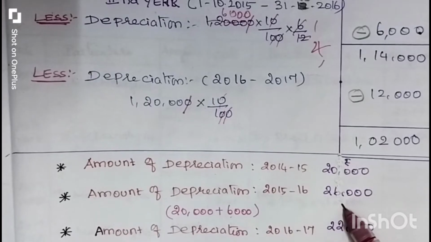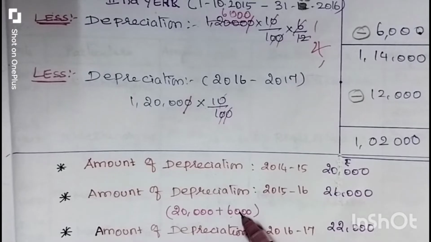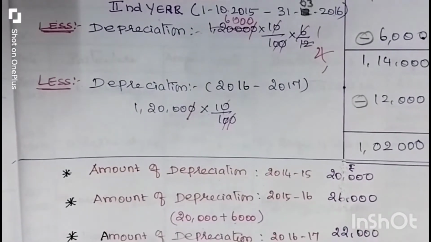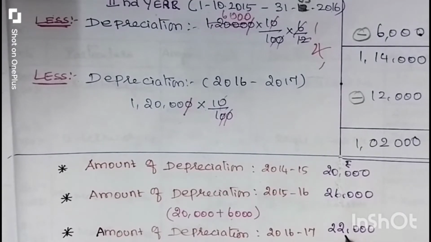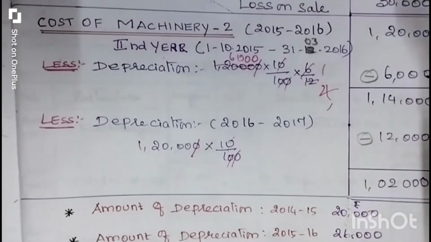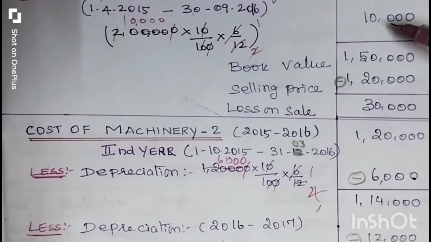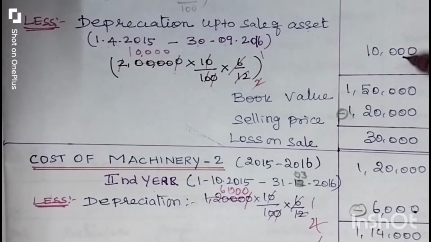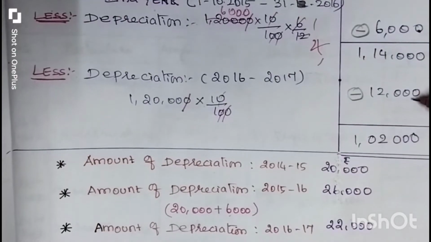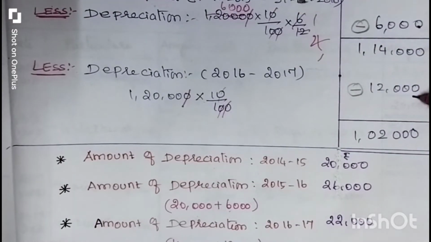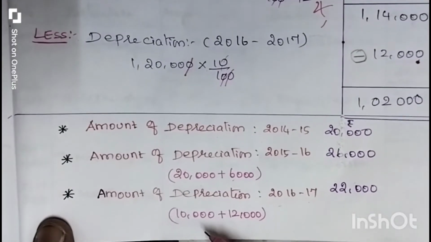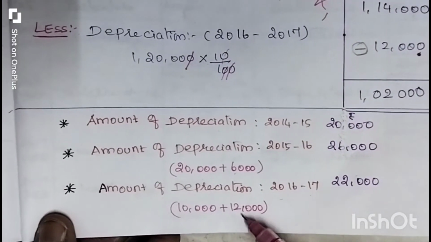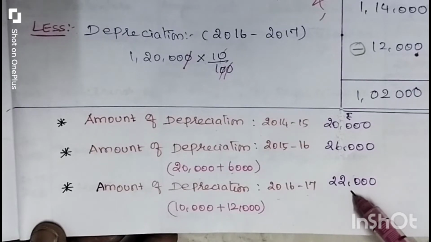You will get 26,000 for both machines, two assets. Okay. Then the amount of depreciation 2016 to 17 we have 22,000. Why? Because we have 10,000 depreciation from machine 1 and 12,000 from machinery 2 for 2016 to 17. So you have to add 10,000 plus 12,000. You will get 22,000. Okay.